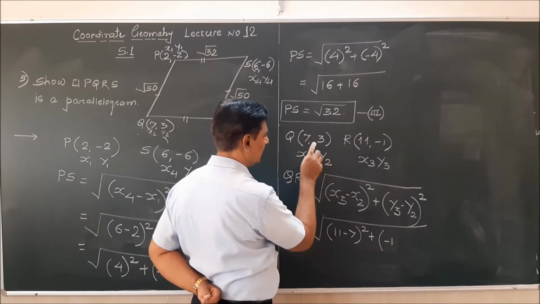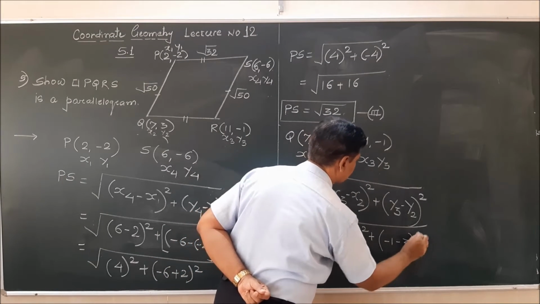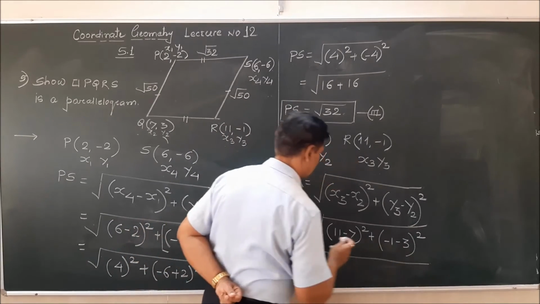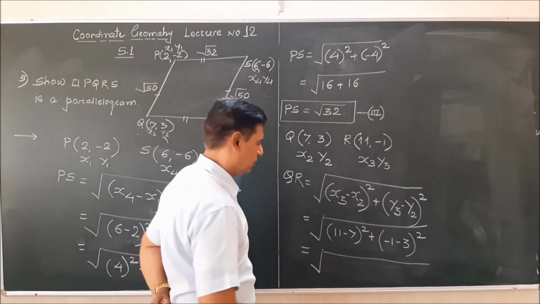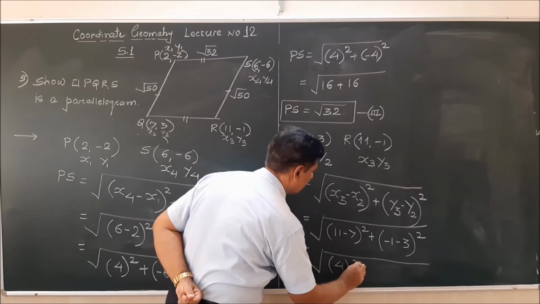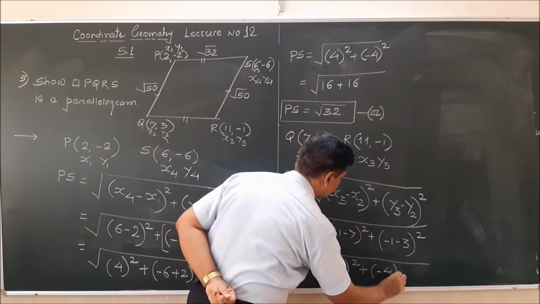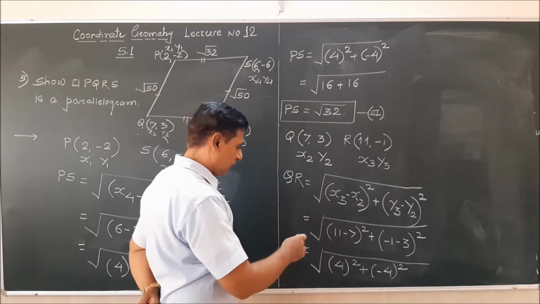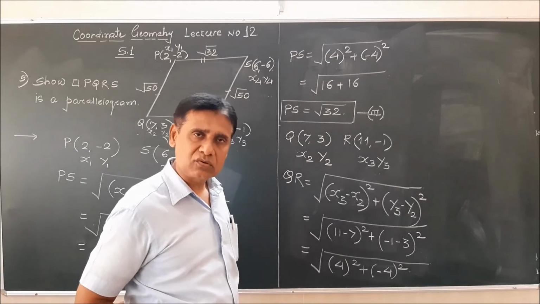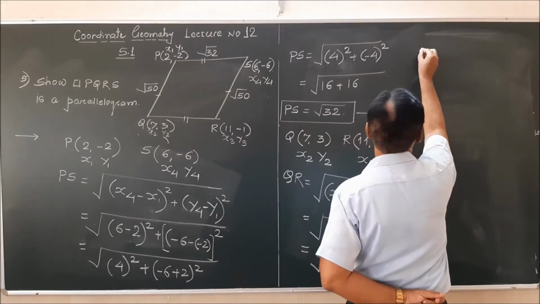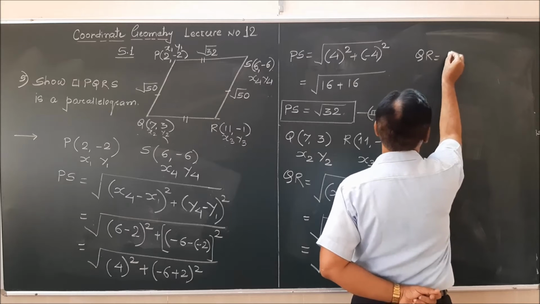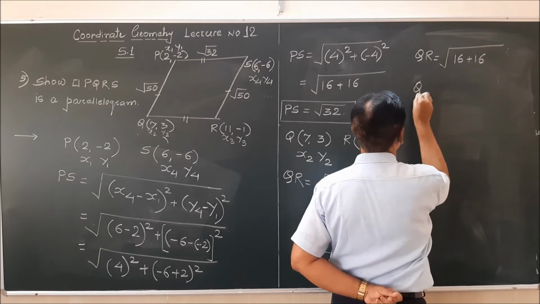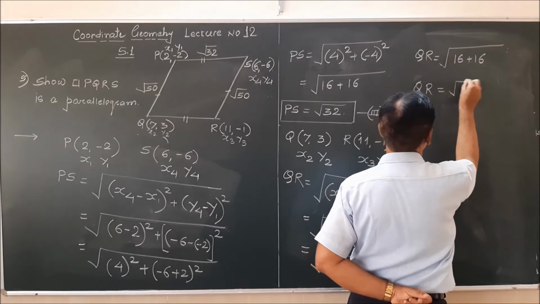Minus 1 here minus 3 the whole square. Now since you all know, very simple, 11 minus 7 is 4. So 4 square plus minus 4 square. Same as the previous case. So here you will find 4 square is 16, minus 4 square is also 16. So QR is equal to root of 16 plus 16. So this is how you will get the value of QR as root 32.